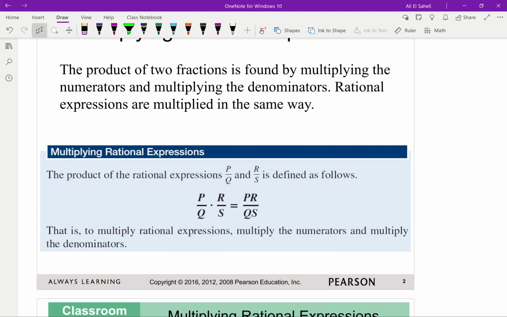So for instance, if you want to multiply P over Q by R over S, you simply multiply P and R and multiply Q and S. And this will work whether you are multiplying ratios of numbers or ratios of polynomials. Whether you're multiplying rational numbers or you're multiplying rational expressions.